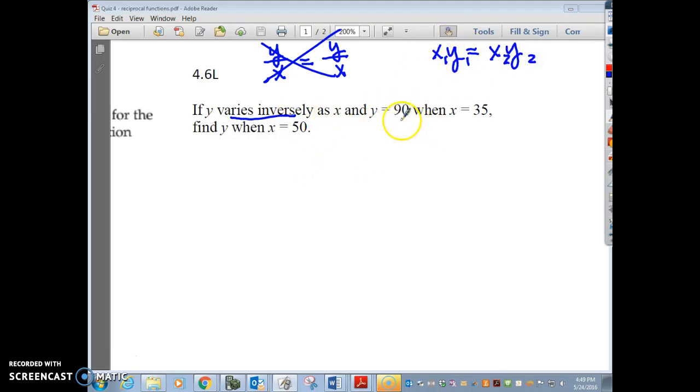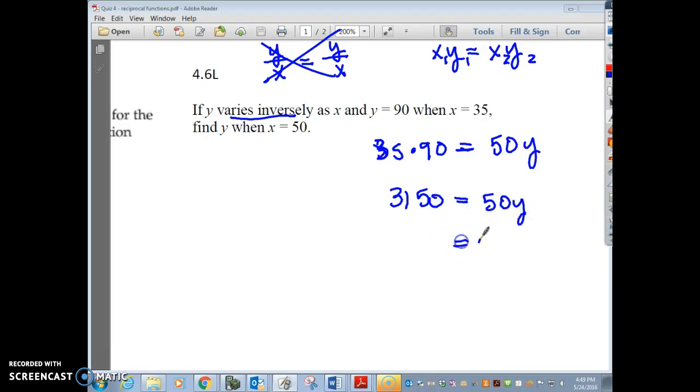My first x and y is going to be 90 times 35, or 35 times 90, is going to equal, so find y when x is 50, so it's going to be 50 times y. 35 times 90 is going to be 3150. So 3150 is equal to 50y. We solve for y by dividing by 50. So 3150 divided by 50 is 63, and that's my answer.